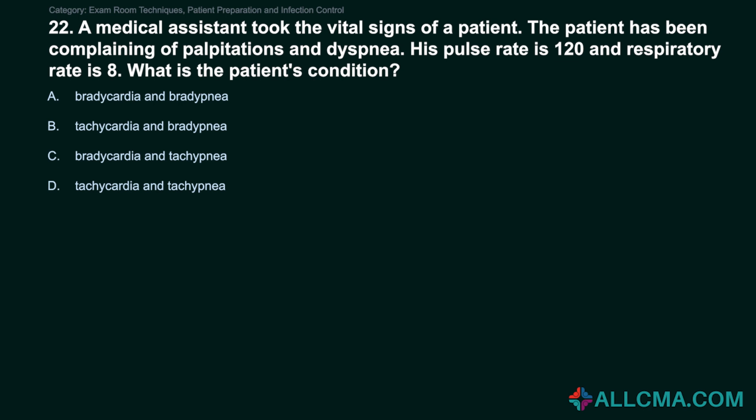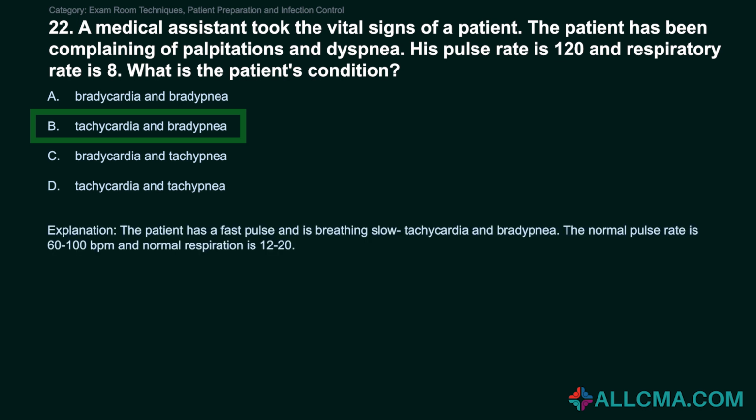C. Bradycardia and tachypnea. D. Tachycardia and tachypnea. Correct answer, B. Tachycardia and bradypnea. The patient has a fast pulse and is breathing slow. The normal pulse rate is 60 to 100 bpm and normal respiration is 12 to 20.